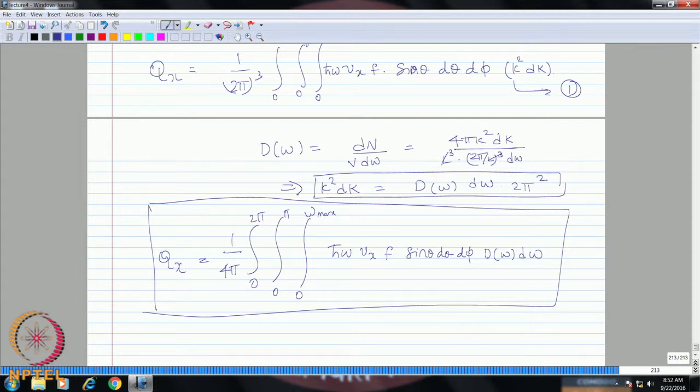Now, we are converting k in terms of omega, that is all finally, using the density of states. So, now my dkx, dky, dkz is replaced with 0 to omega max, 0 to pi, 0 to 2 pi.